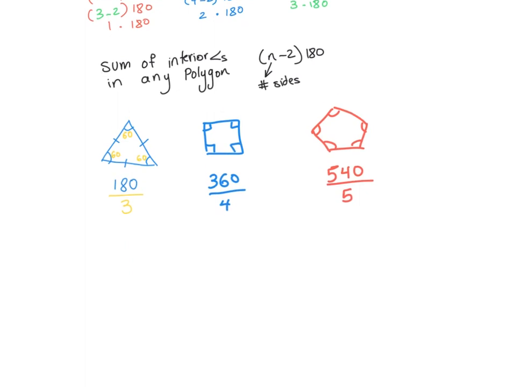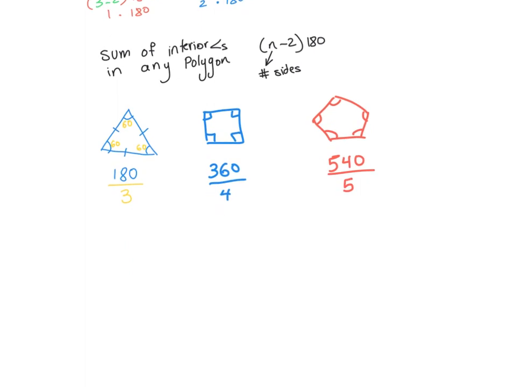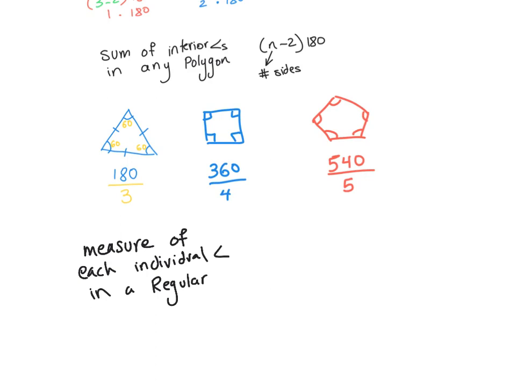So if I want then to find the measure of each individual angle in a regular polygon, so again, it has to be regular. That means all sides are equal and all angles are equal.